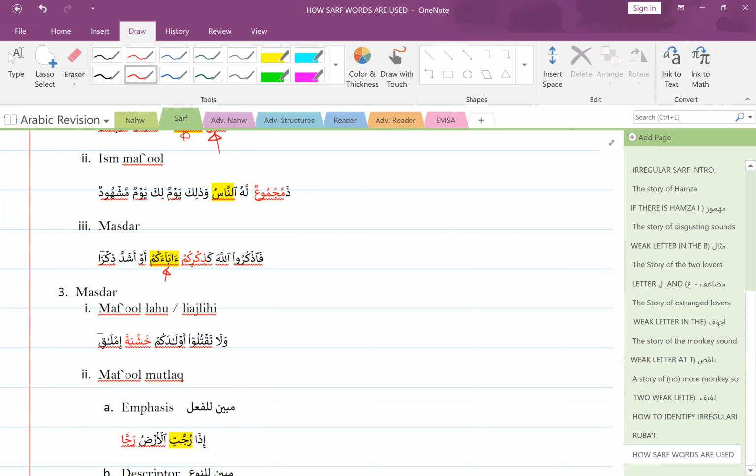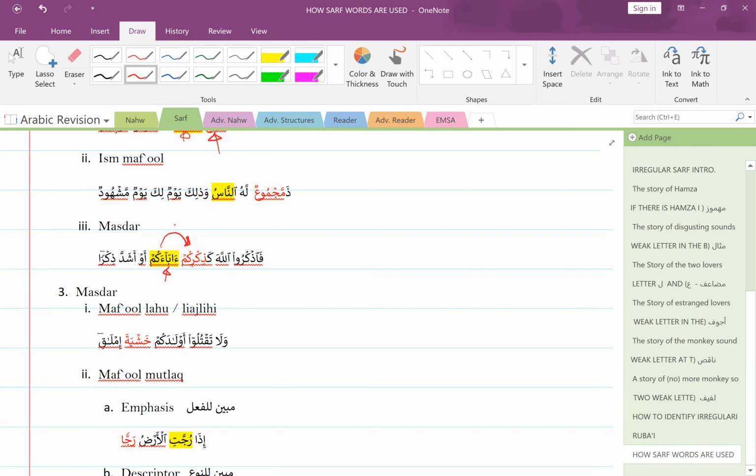It should have been aba'u. There's no harf of nasab before it. But what comes before it is actually a masdar. So this masdar is acting on that ism, which by default was aba'ukum, but now it is aba'akum. So this one is the maf'ul bihi of dhikrikum. The remembrance or the mention of your fathers.